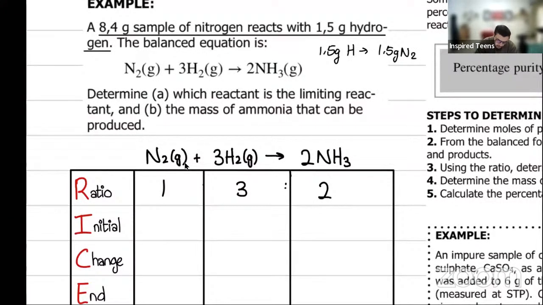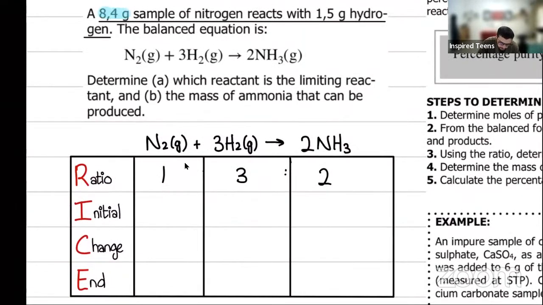That's not something that we have knowledge of. So just from this information, we cannot determine whether all of the nitrogen is going to react with all of the hydrogen, nor can we conclude that all of the hydrogen is going to react with all of the nitrogen. This is not something that we know, and it's not something that we can assume.